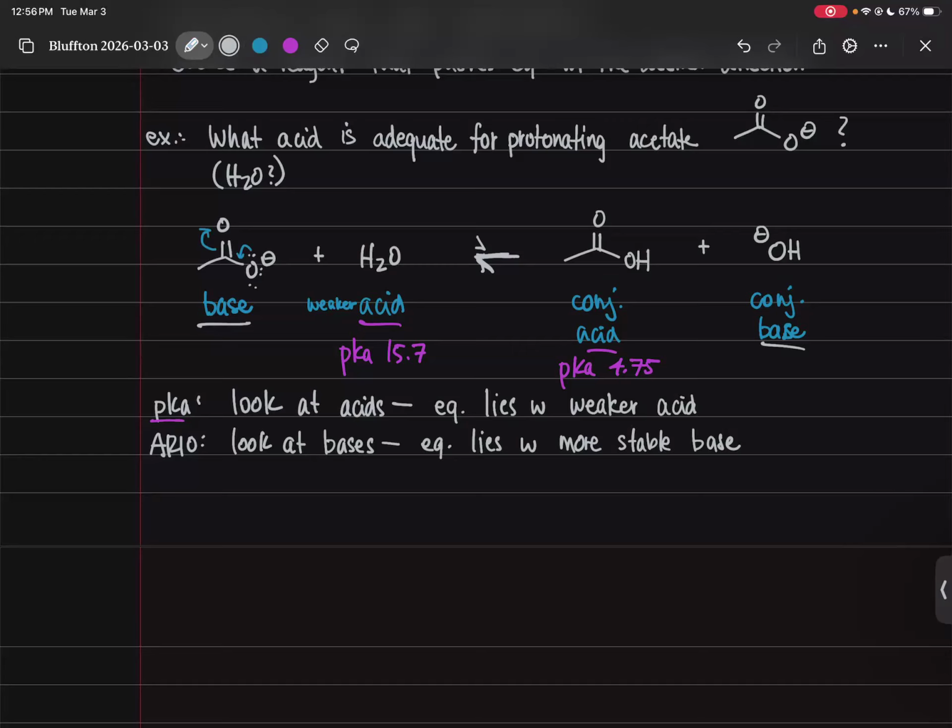But for hydroxide, the other base, there's no resonance structure that we can draw. So that means acetate is the more stable base, and the equilibrium lies on the side with the more stable base. So that agrees with what we said earlier.